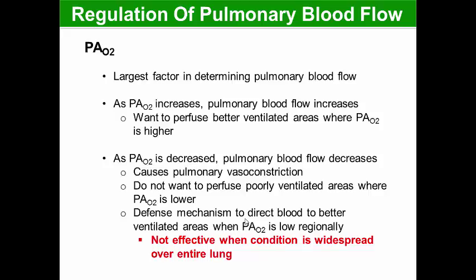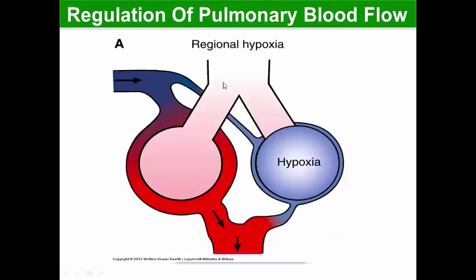And this defense mechanism is effective when there is only regional hypoxia. If there is generalized hypoxia, it is not effective. So this is what we have during regional hypoxia. Here is an alveolus with hypoxia, with less oxygen in the alveolar air, so we have vasoconstriction.